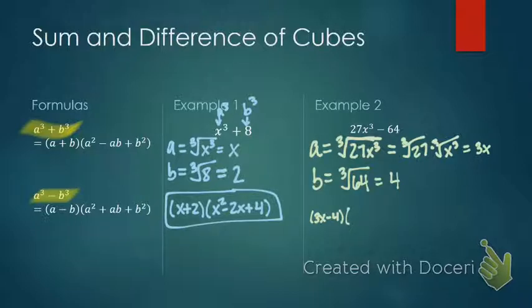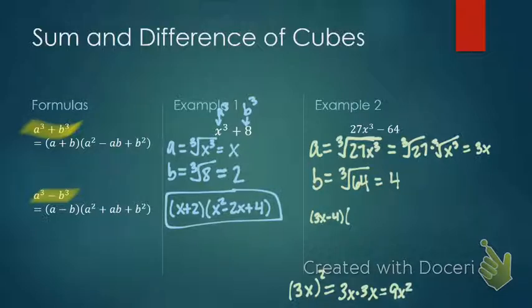But a squared we need to talk about for a second. So we have 3x squared. 3x squared means 3x times 3x, which is 9x squared.